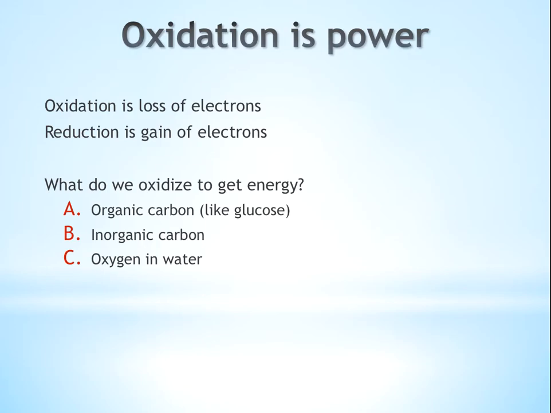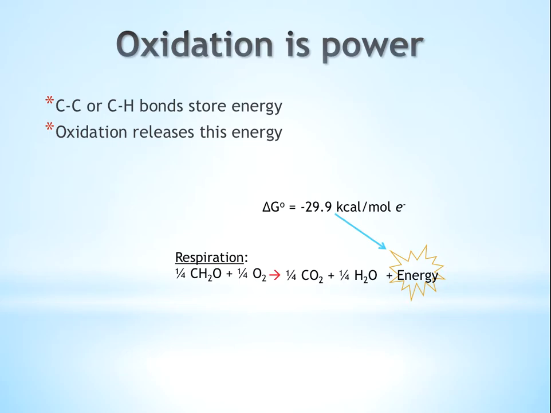And what do we personally oxidize to gain energy? You can pause and think about that. And the answer is organic carbon, things like glucose, anything we eat, really. We get the energy out of this carbon by breaking these high energy carbon-carbon or carbon-hydrogen bonds.